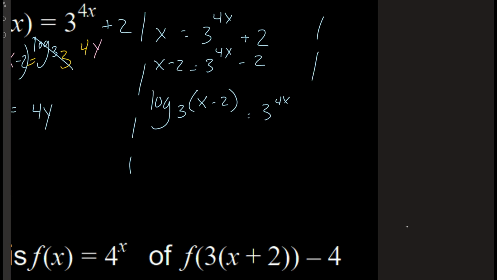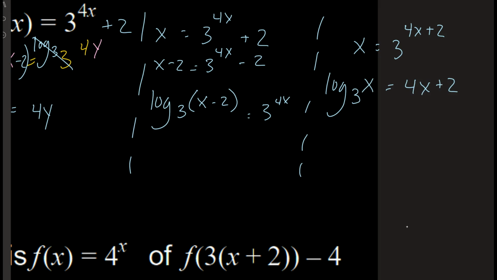It is different, however, if your 2 is with the exponent. Because now, immediately, I log both sides. Now I subtract 2 over. The 2 is not being logged. It is after the log.